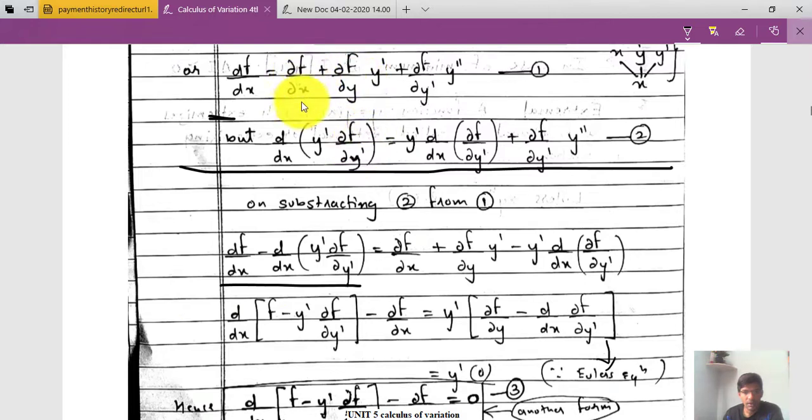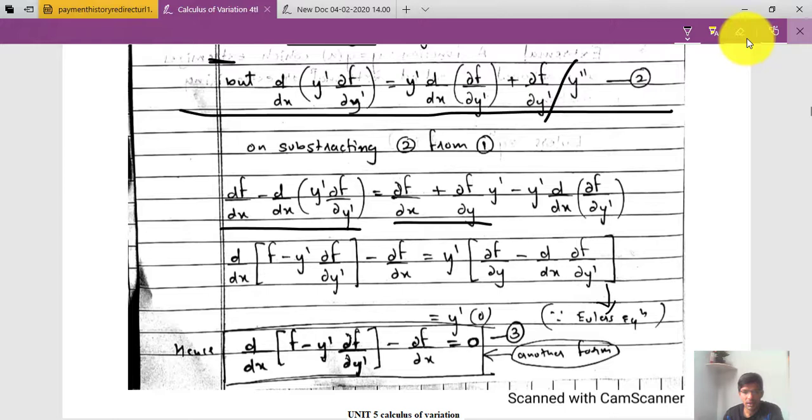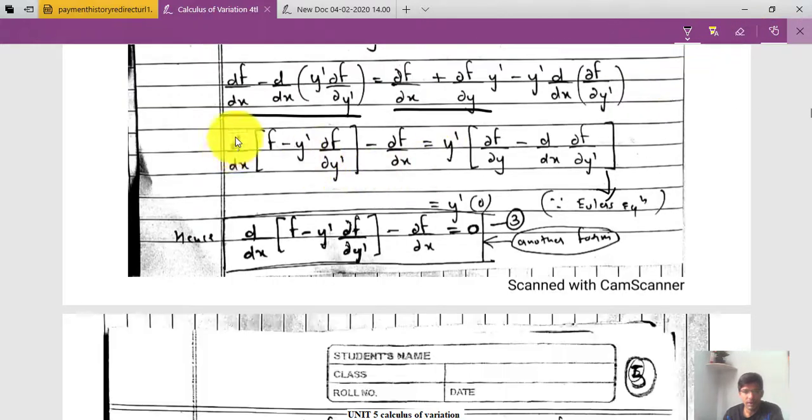Okay, then these two things I will write at once. Dou f by dou x, dou f by dou y, y prime I am writing here, minus y prime d by dx of dou f by dou y prime. And this dou f by dou y prime y double prime gets cancelled. So finally what do we have? We have d by dx.